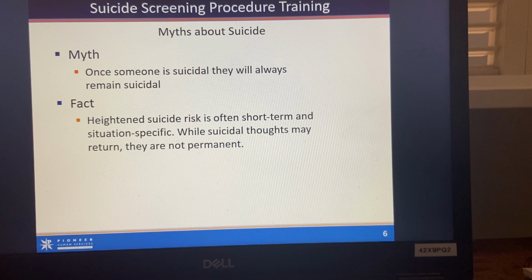So when we have the ability to talk with clients about how they're thinking and feeling and shed light upon those thoughts, it creates trusting relationships and it can create prevention of suicide behaviors.